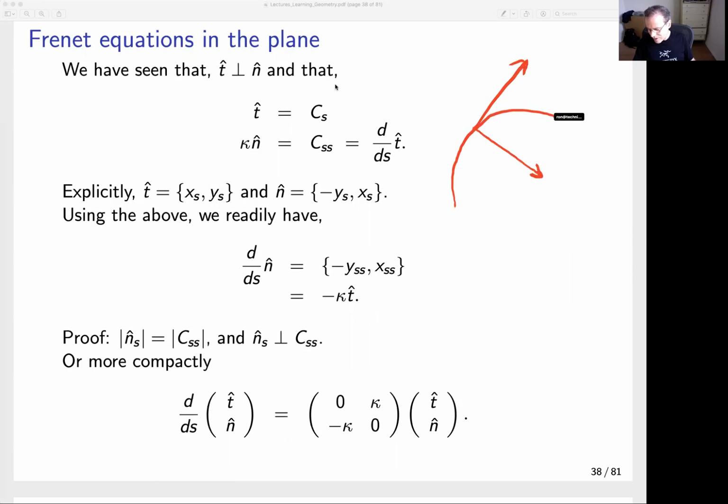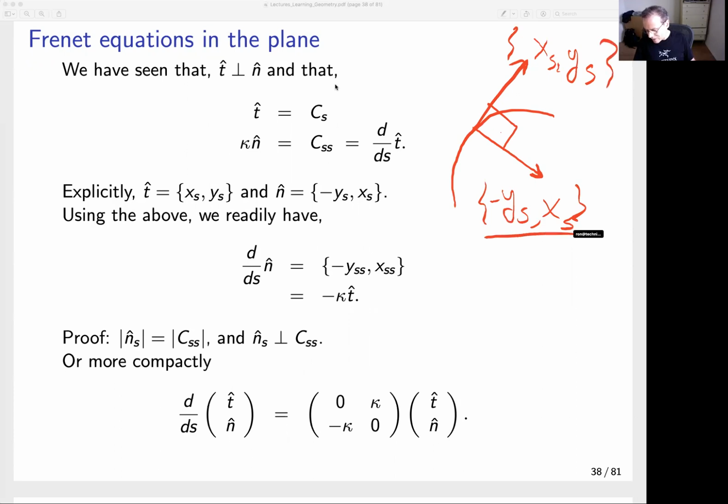So if this is x of s, y of s, in order to get an orthogonal vector, what I need to do is write minus y of s, x of s. So this is writing explicitly the coordinates so that they would be orthogonal.